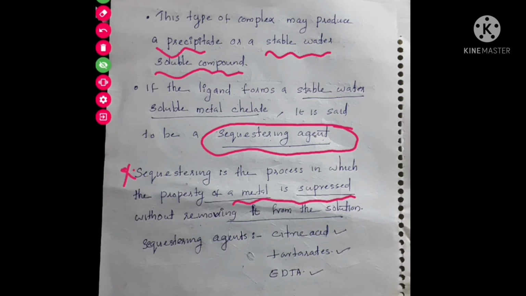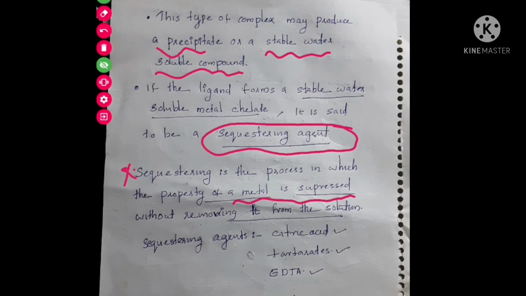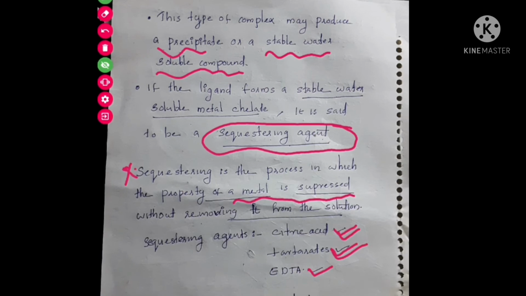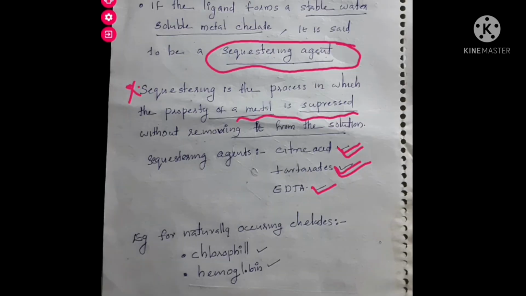The agent used to suppress the metal ion without removing it is known as a sequestering agent. Citric acid, tartrates, EDTA are sequestering agents. Chlorophyll and hemoglobin are naturally occurring chelates.